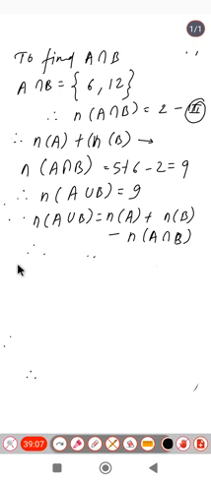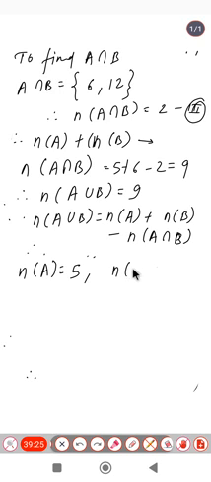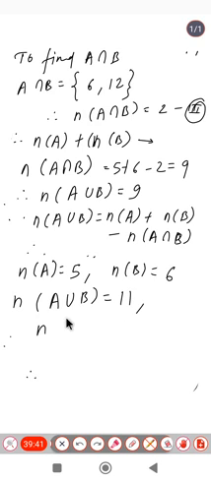So we can verify as well. n of A how much? It should be 5, and n of B should be 6, as we know. Again n of A union B is 9, and n of A intersection B how much?